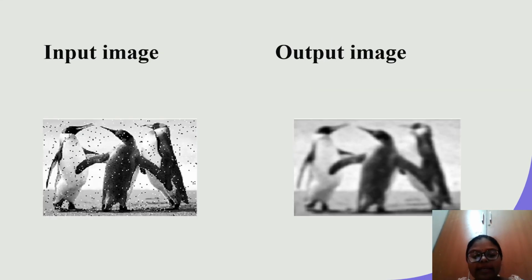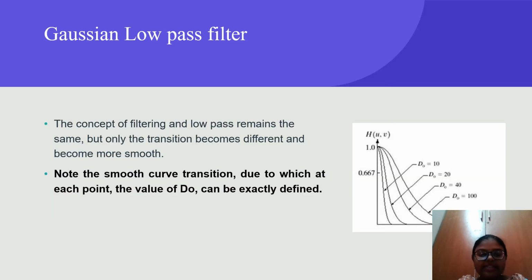Next, this is the input image of the Butterworth high pass filter and Butterworth low pass filter. Okay, next, Gaussian low pass filter. The concept of filtering in low pass remains the same, but only the transition becomes different and becomes smoother.